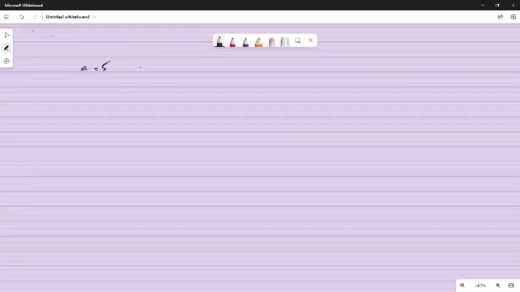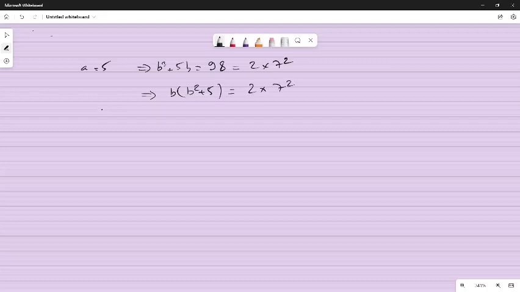This implies that b cubed plus 5b equals 98, which is equal to 2 multiplied by 7 squared. And we can factor this quantity like this. So now we must have a look at this equation.